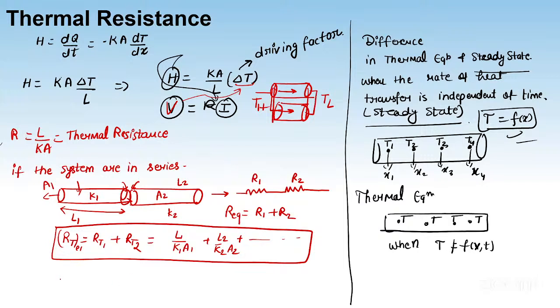So in that case, 1 upon R equivalent is equals to 1 upon R1 plus 1 upon R2. ठीक है, सीरीज कनेक्शन में हीट ट्रांसफर का रेट क्या होगा? सेम होगा. क्लियर है?